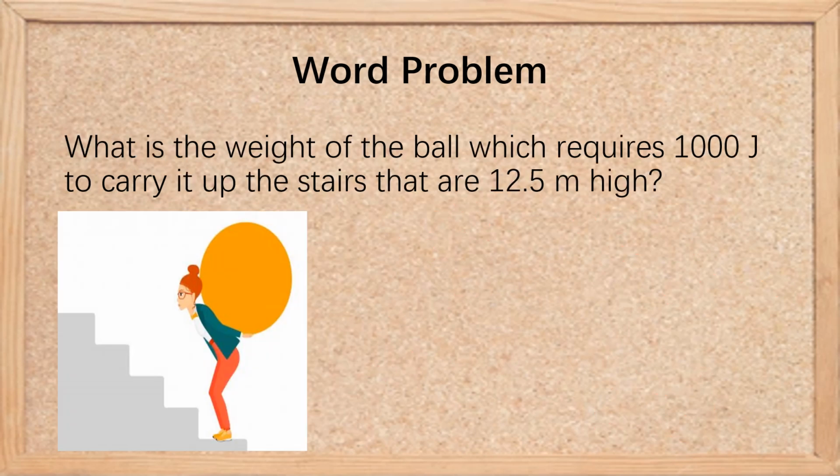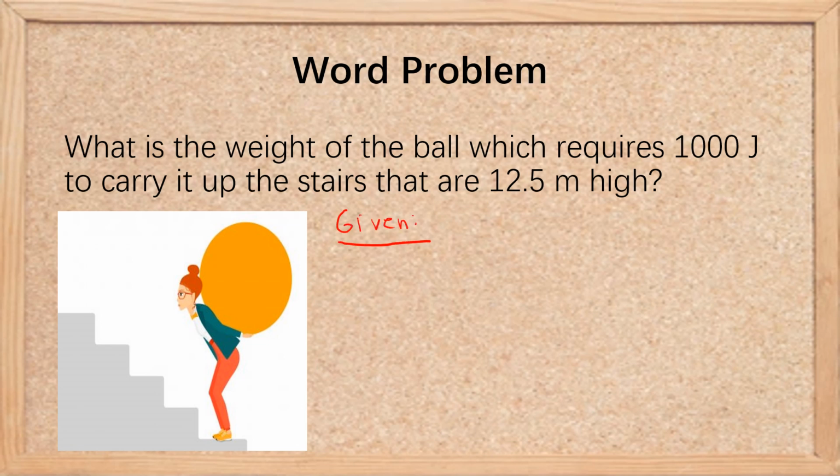And then this is the last word problem. So you have here a ball, and you require at least 1000 joules to carry it up the stairs that are 12.5 meters high. So you are asked how heavy the ball is. So let's have first our given.